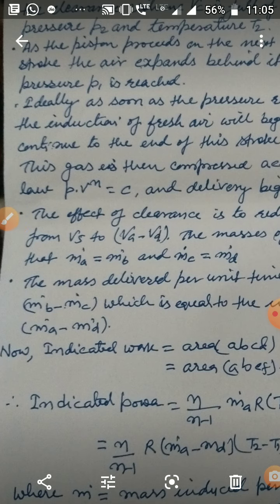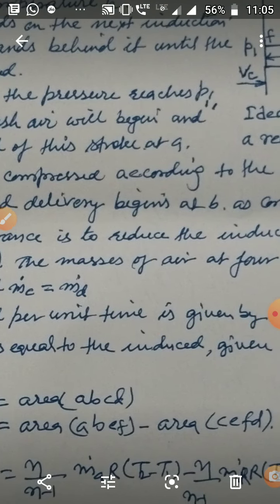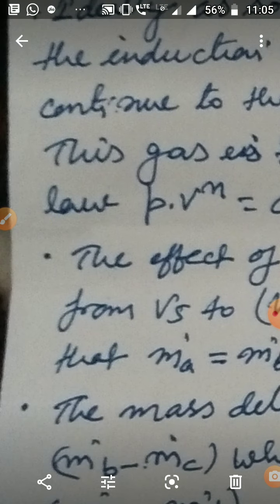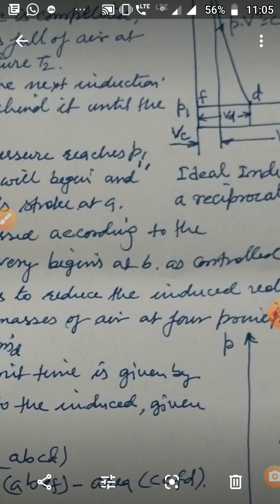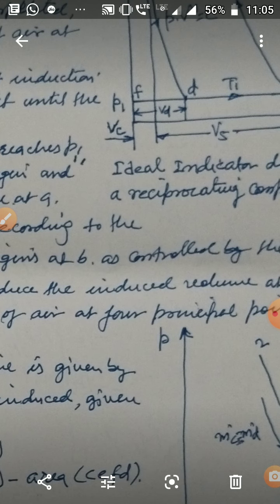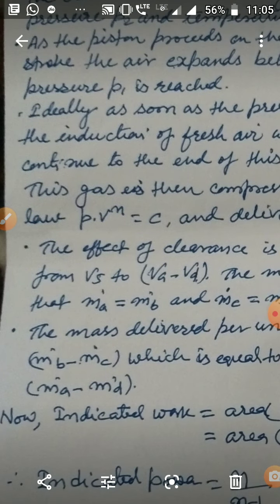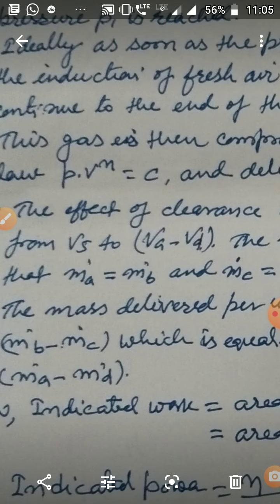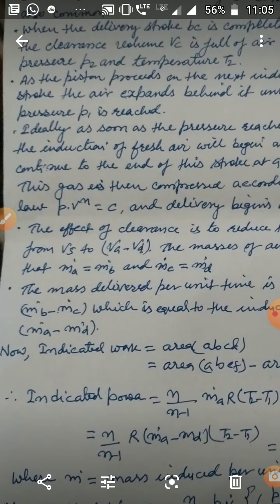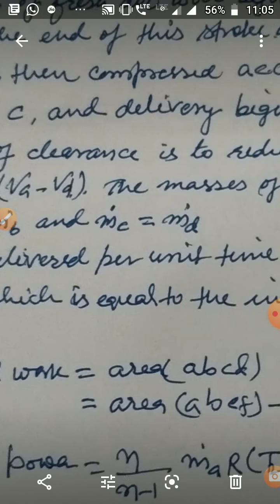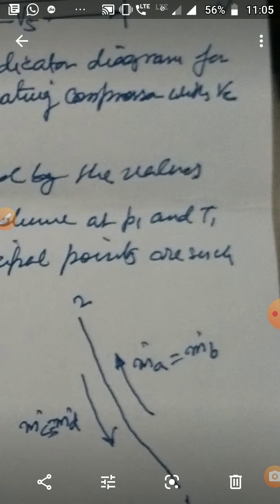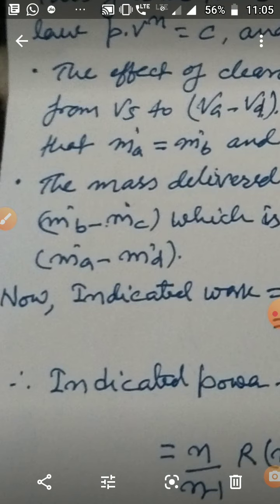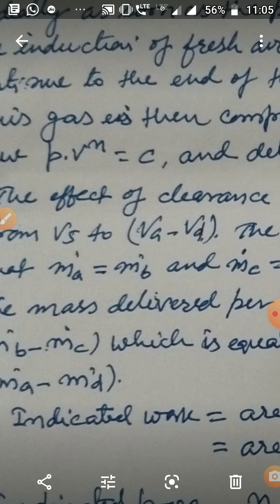Now this air is then compressed according to the law PV to the power n equal to constant, and delivery begins at B as controlled by the valves. Now you can understand the effect of the clearance. The effect of the clearance is to reduce the induced volume at P1 and T1 from Vs to Va minus Vd.